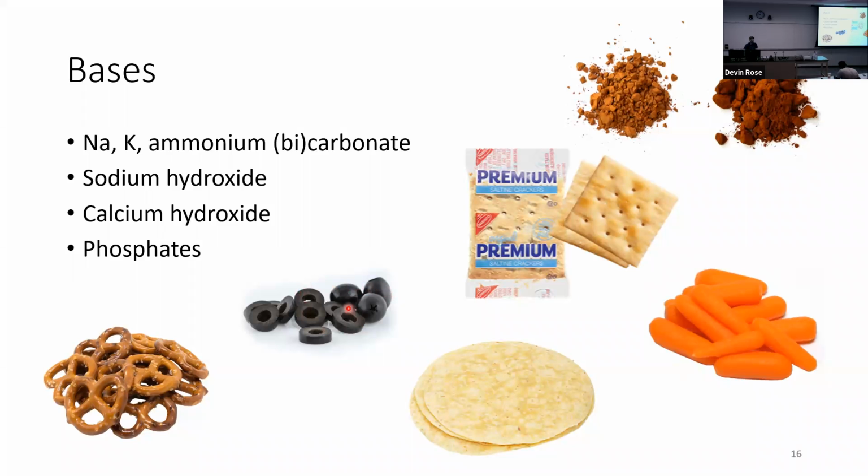Alkali is commonly used to improve the flavor of olives and also impart this black color. And then pretzels. So these hard pretzels that you would just get in a bag that are crunchy, they go under a sodium hydroxide spray before they go in the oven.